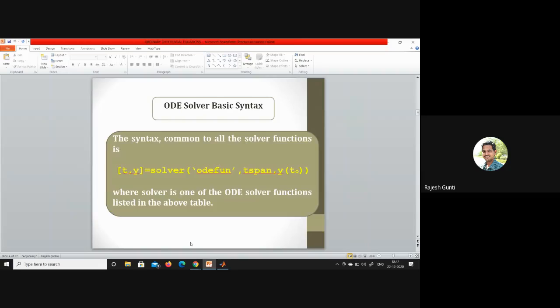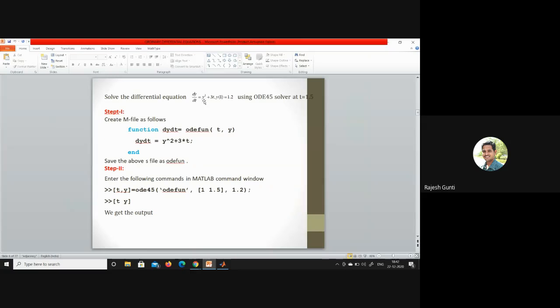Suppose I want to solve this differential equation: dy/dt is equal to y square plus 3t, with y(1) equal to 1.2. Using the ODE45 solver, I want the value at t equal to 1.5.